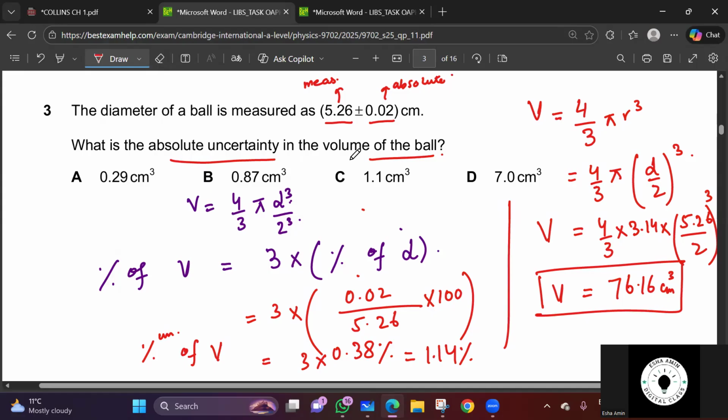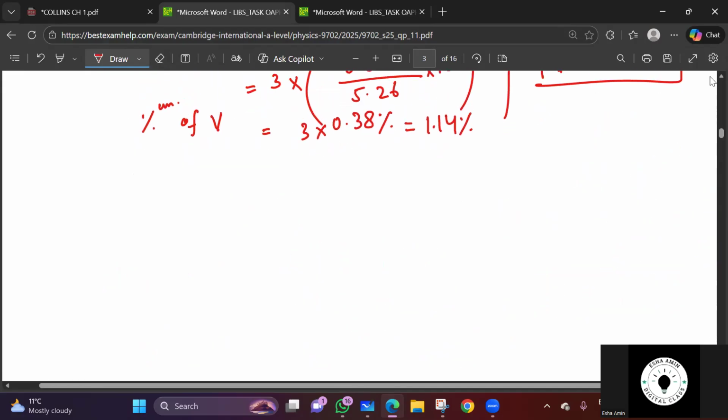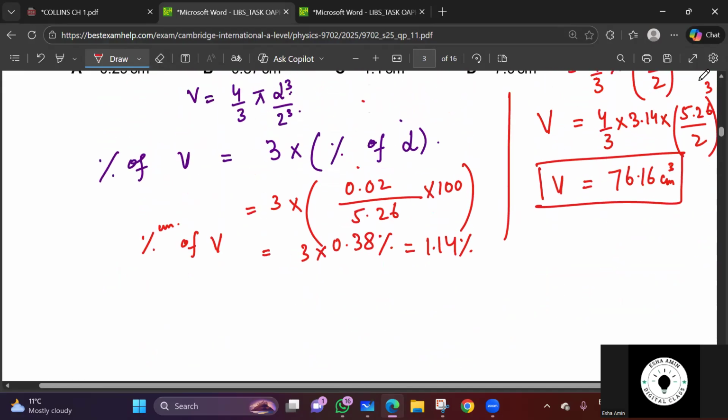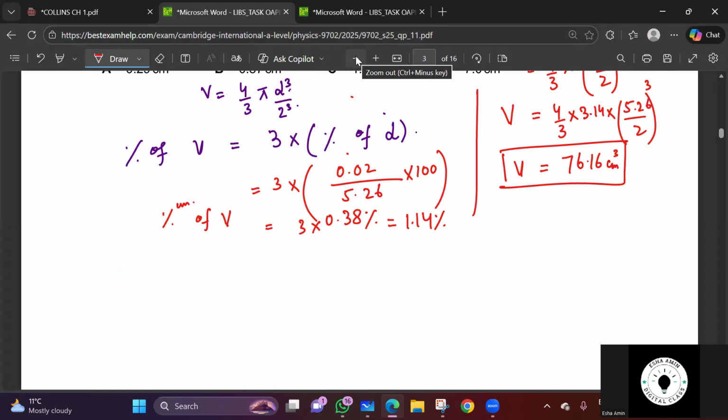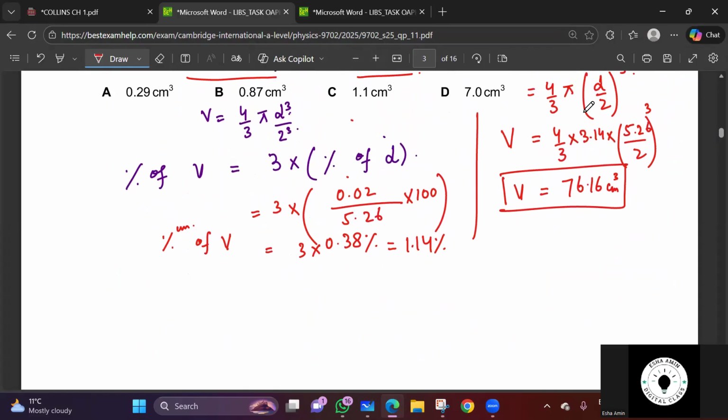We have now found the percentage, and from this we have to find the absolute.